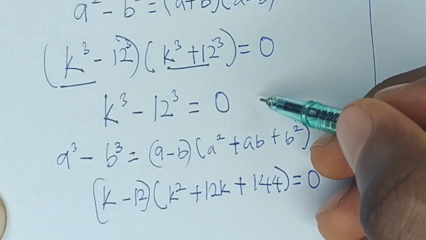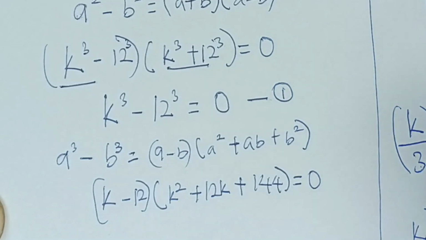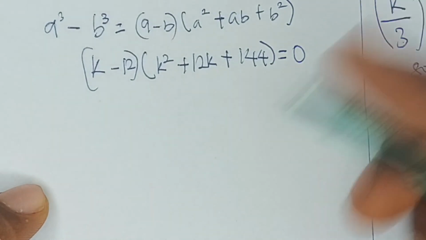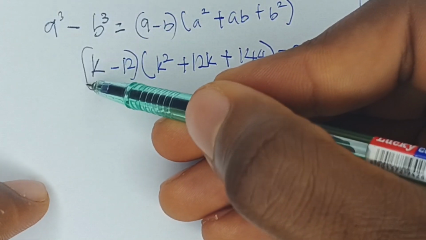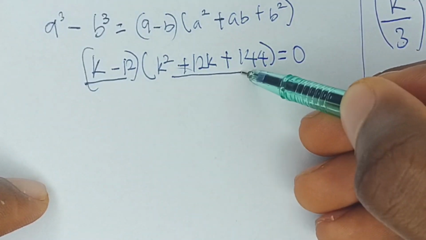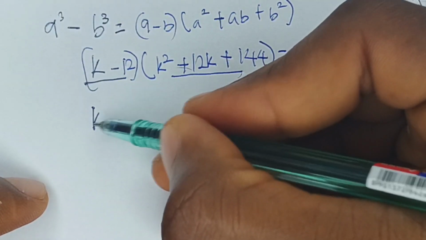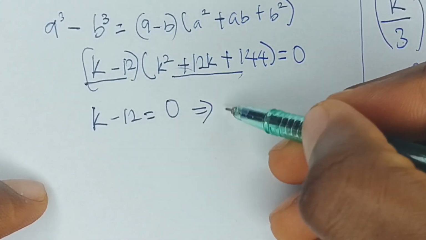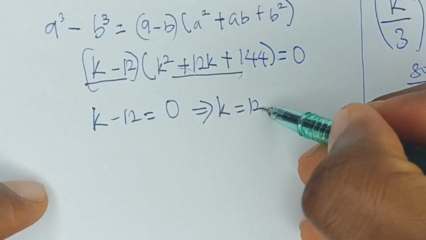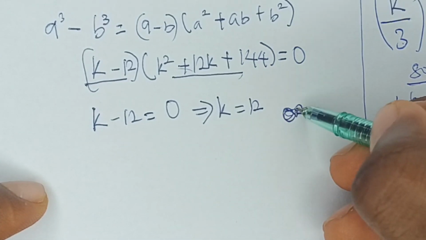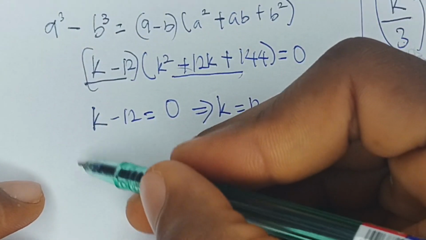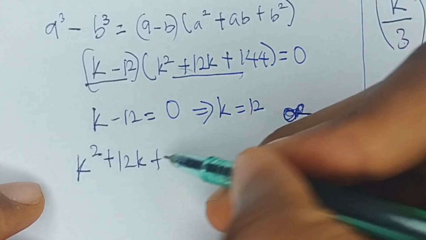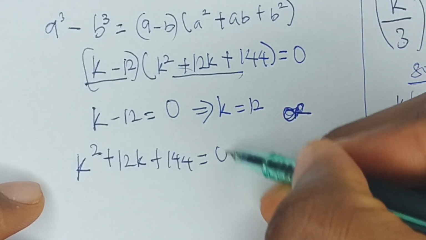Okay? And remember, this is just the first instance. Alright? Now, moving on from here, you can see that we've gotten to a place where this multiplied by this is equal to 0. So it's either that k minus 12 is equal to 0, implying that k is equal to 12, or, okay, or k squared plus 12k plus 144 is equal to 0.